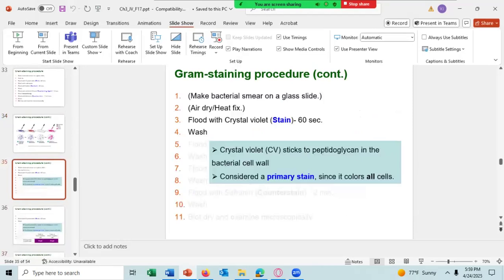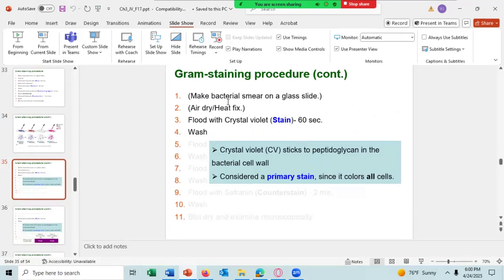All right. So before you begin the gram staining procedure, and actually before you stain any cells, you always make the bacterial smear. It is a step you have to do before you stain the cells. It is not part of the staining procedure. You make a bacterial smear on a glass slide, you air dry it and heat fix it to attach the bacteria to the glass.